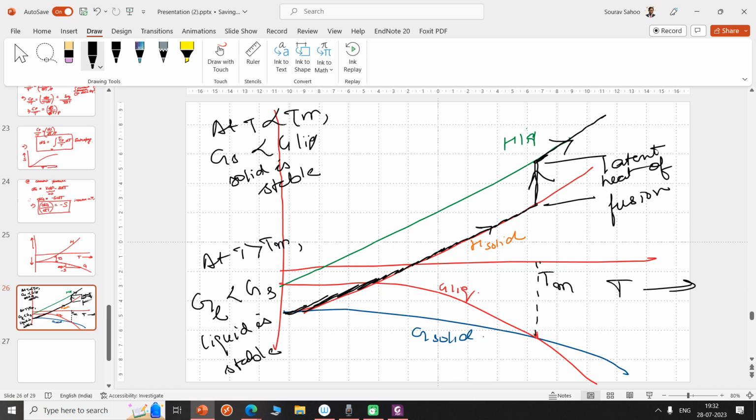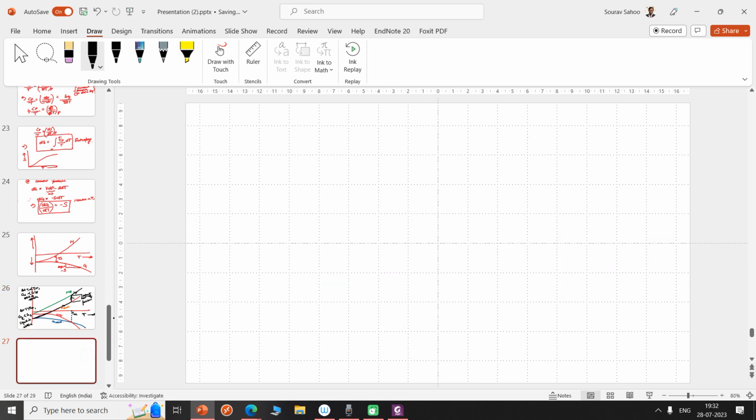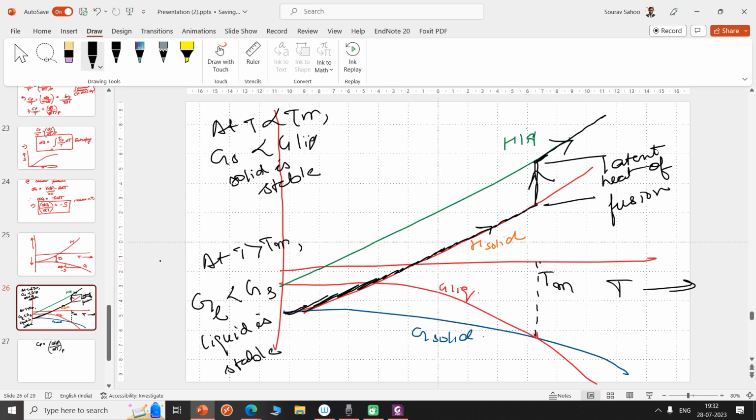And since specific heat at constant pressure is nothing but the derivative of the H versus T graph, in this case the H versus T graph is this, and if we take the derivative, we can get the heat capacity when it's in solid, but the moment it transfers from solid to liquid, we have a curve like this.